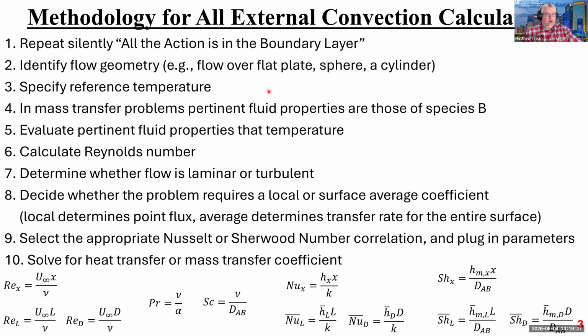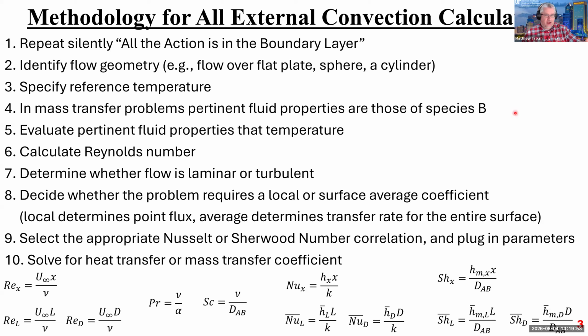And so in this chapter, we talk a little bit about mass transfer. If you happen to be solving a mass transfer problem instead of a heat transfer problem, the reference temperature is the fluid properties at the temperature of species B, where species B is the background gas through which the gas or the particles that you're interested in are diffusing.